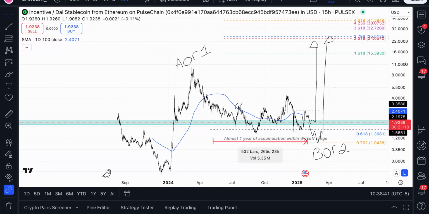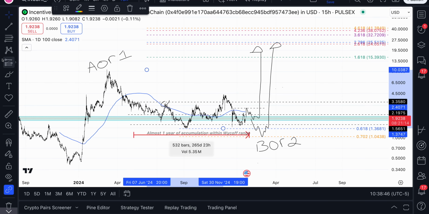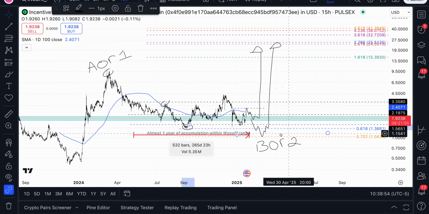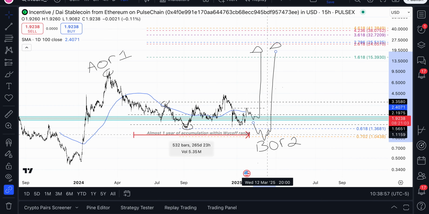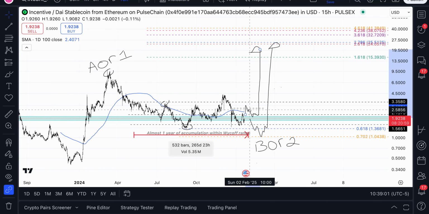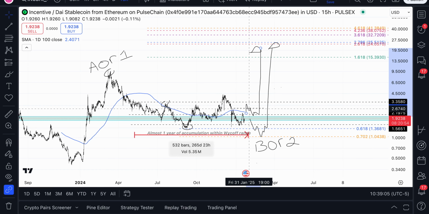Yeah, so this is incentive token. All I did to find these targets was take a fib from this high down to this low here. Now, this scenario over here would be the worst case scenario. This is what I think is going to happen. We're just going to see a nice pop up above this range, like that.